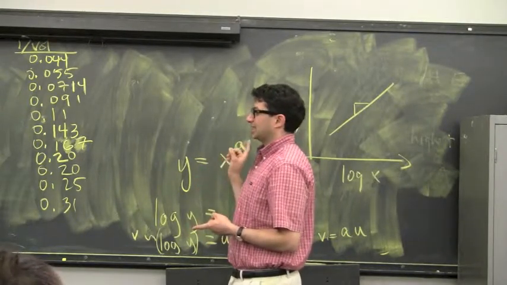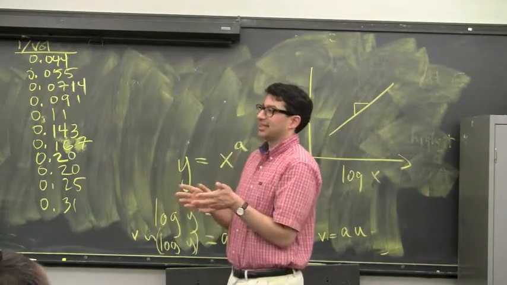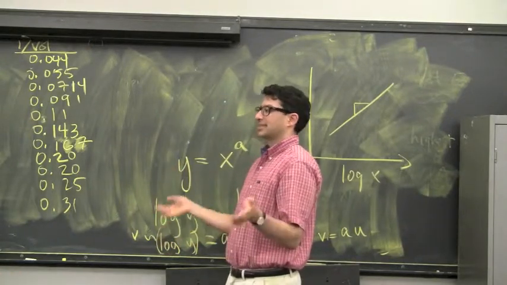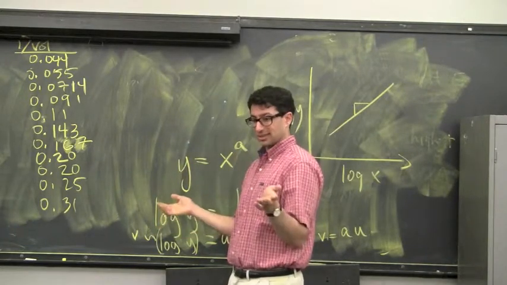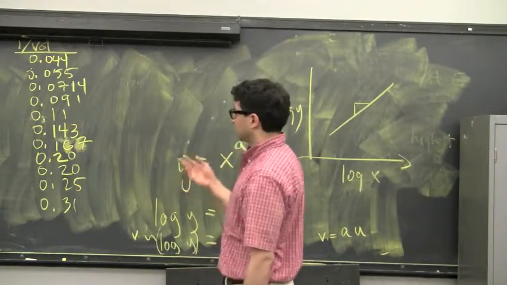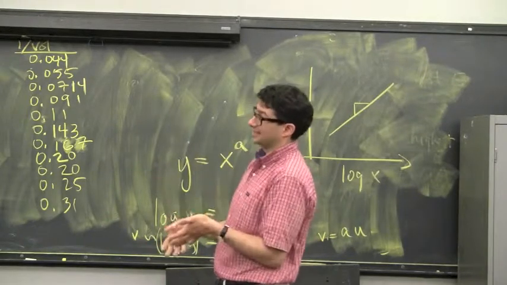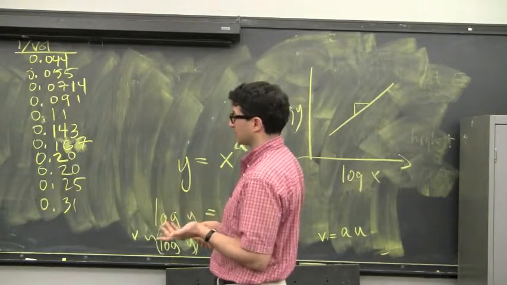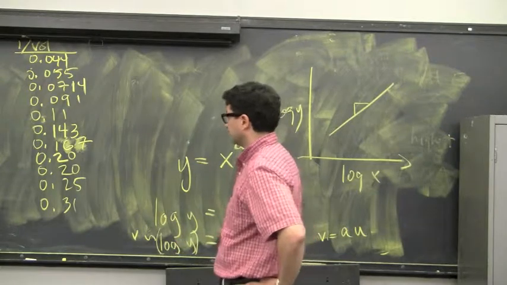We did an unsuccessful experiment to show that as we increase the amount of a gas, the mass, we increase the volume linearly in proportion. We did a successful experiment to show that as we increase the pressure, we decrease the volume inversely proportionally. So linear with 1 over V.